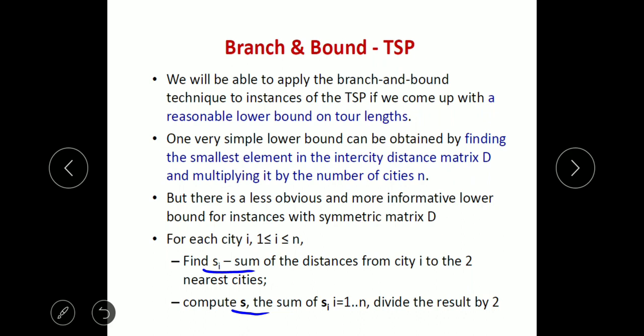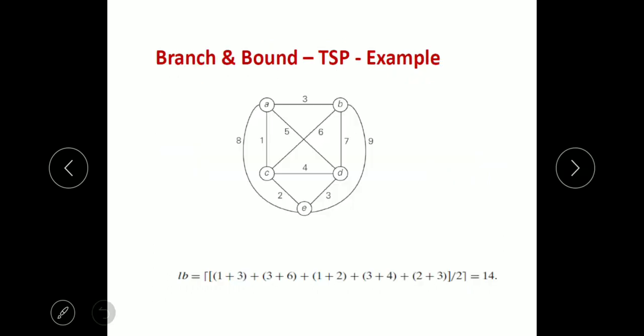If all the distances are integers, we round the result up to the nearest integer. Therefore the lower bound is given as the ceiling of S divided by 2.